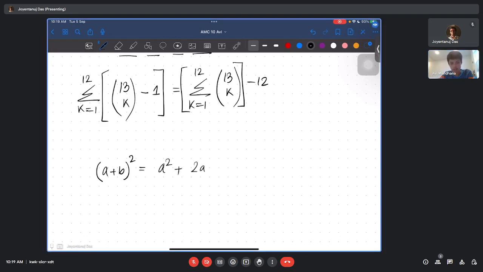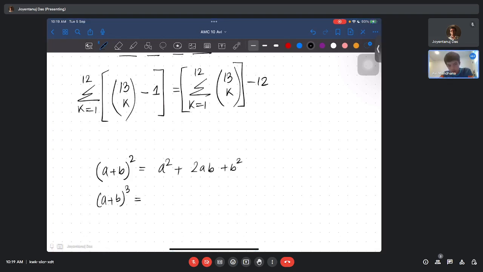Okay, I will write it like this. There is a reason. What is a plus b whole cube? a cubed plus 3a squared b plus 3b squared a plus b cubed.